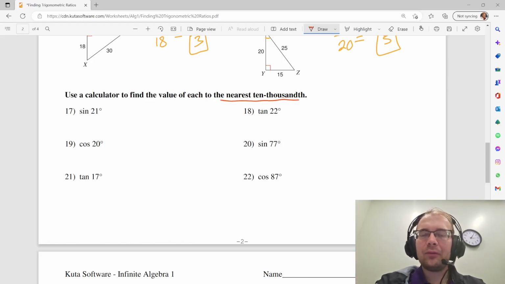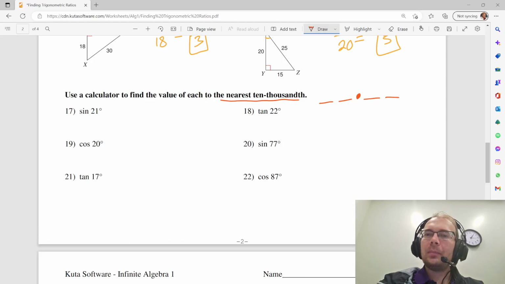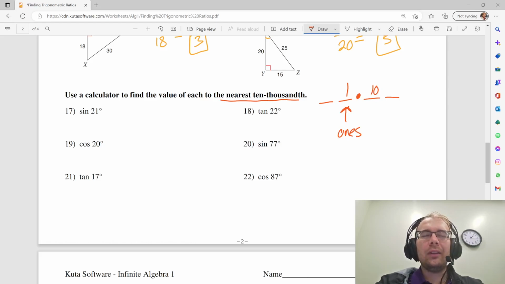Fun little side explanation here about the thousandths and all that is your decimal places are a little weird sounding sometimes maybe, but that's because right here every place is based off of this place. Every place is based off of the ones place. This is the ones. So if I have 10 of those, I know that's a little weird to put a 10 there because normally you would put a digit right there.